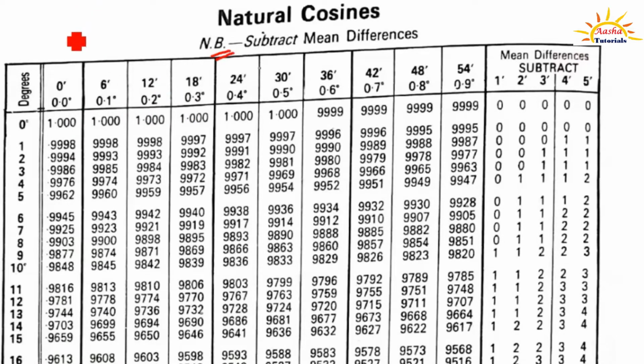Because we know that 1 degree is 60 minutes. From this we can say that 6 minutes will be equal to 0.1 degree. So either you can say 6 minutes or 0.1 degree, or 12 minutes or 0.2 degree, and so on. For values beyond these decimals, you can use the mean difference. How to use this, we will see in one or two examples.